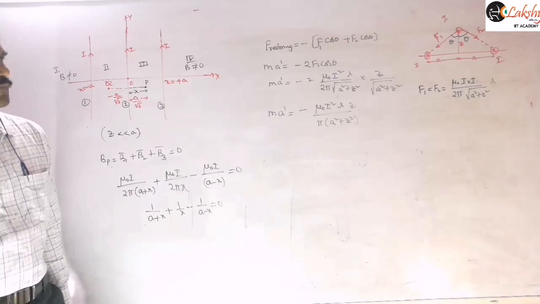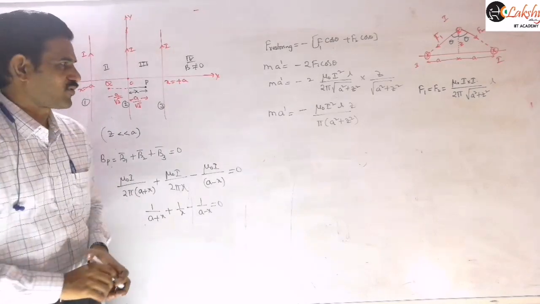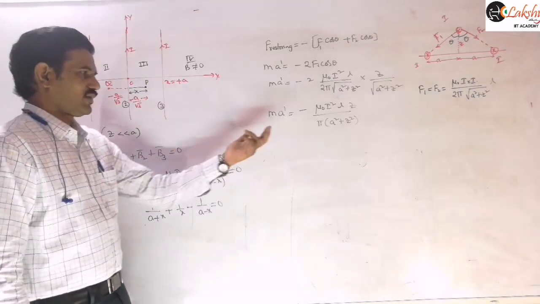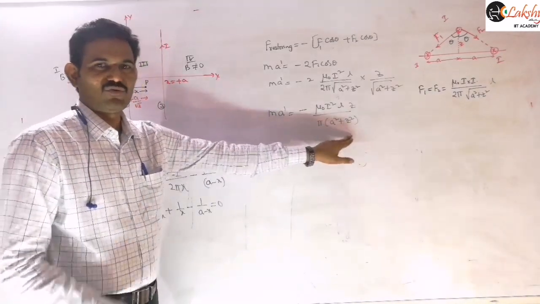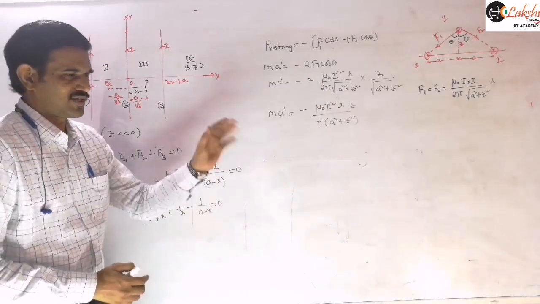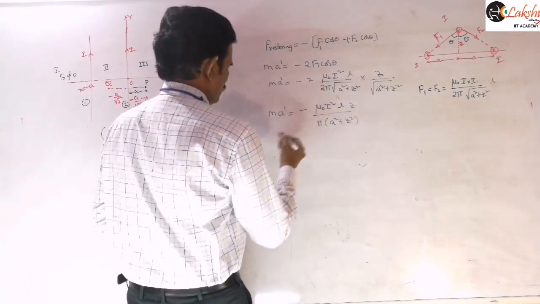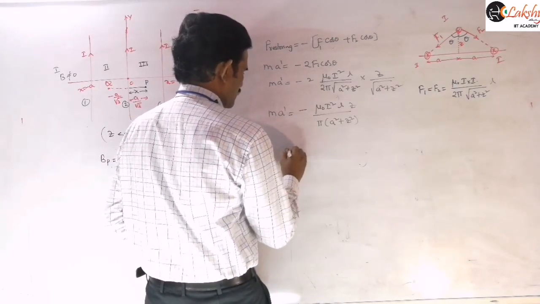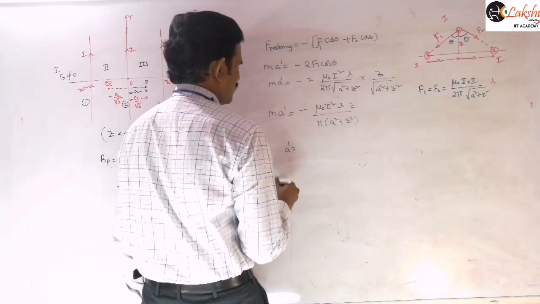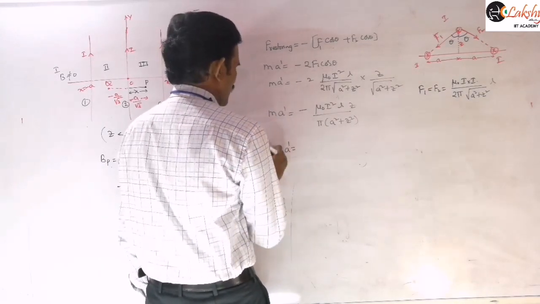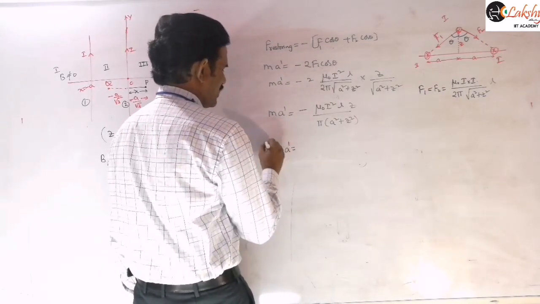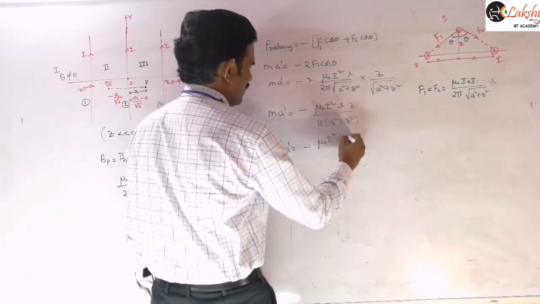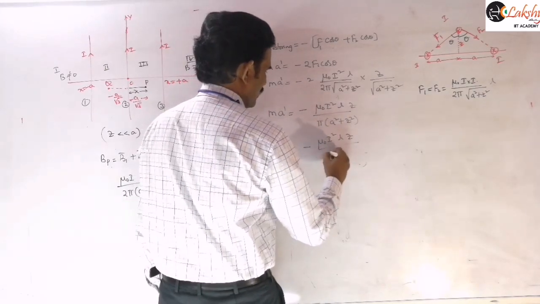And now here we need to use our approximation. Our approximation is that A is very small when compared to Z. So now you can neglect the Z square value when compared to that of A square here. And what we can write here is A dash is equal to, and the mass term you can also write as lambda into L, minus mu naught into I square into L into Z by pi A square.